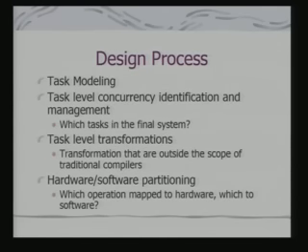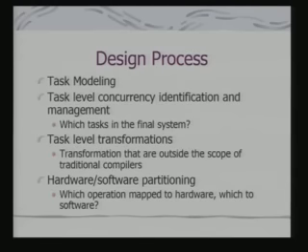We also need to do task level transformations, transformations which are outside the scope of traditional compilers maybe, or even if they can be done by the compilers, you should know what kind of transformations are possible which can be applied to the tasks. What is the objective of the transformations? The objective of the transformation is to make the system more efficient.